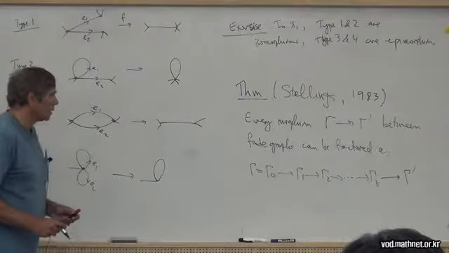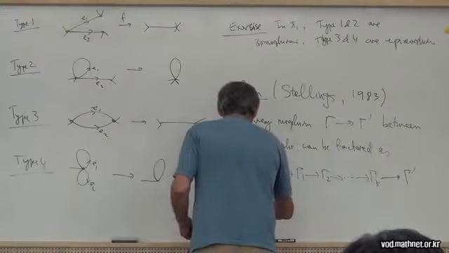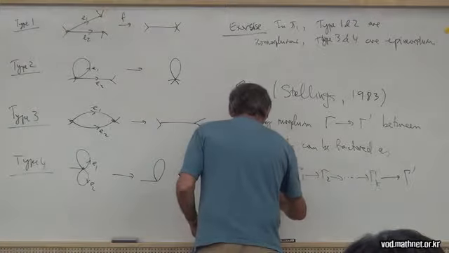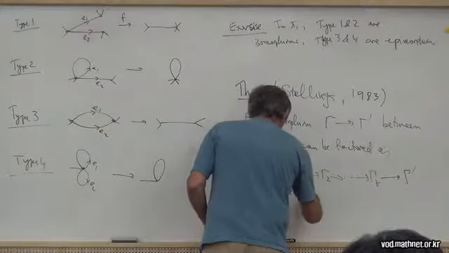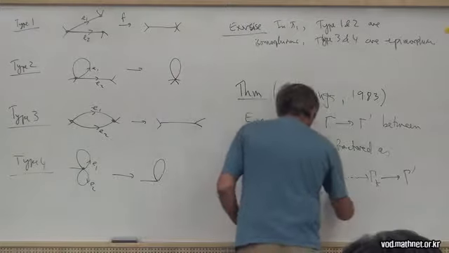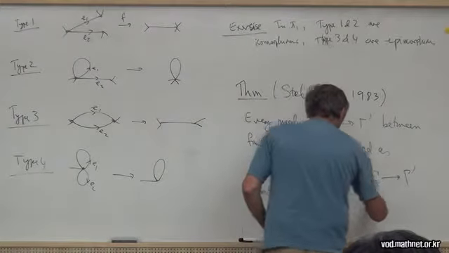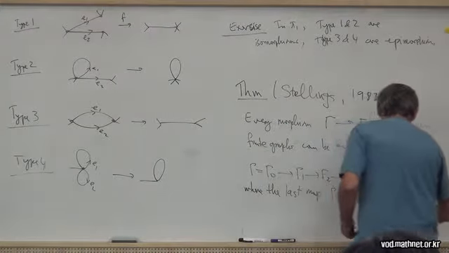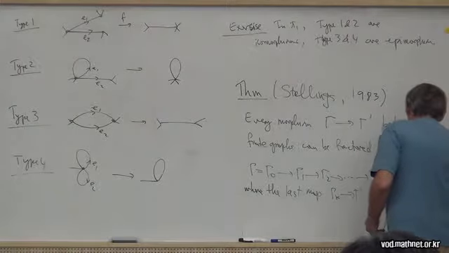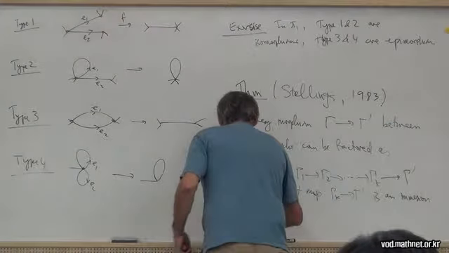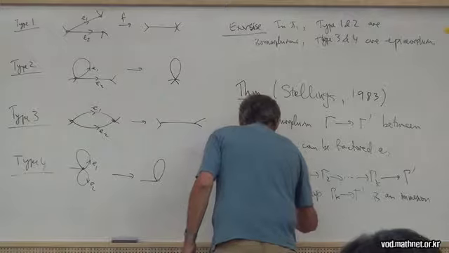Okay, that's a factorization, where the last map from gamma k to gamma prime is an immersion, and all the others are folds.